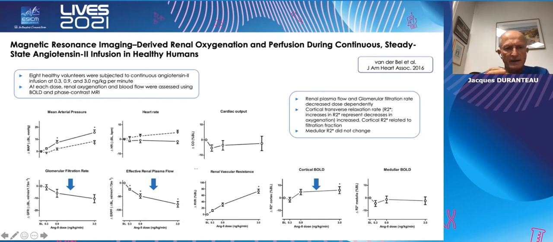You can see that when they look at the renal oxygenation, there is a decrease in the renal plasma flow and a decrease in the oxygenation at the level of the cortex, and no change in the medulla. So it's a way to have a clearer idea of the effect of, for example, here, the vasopressors that we use.